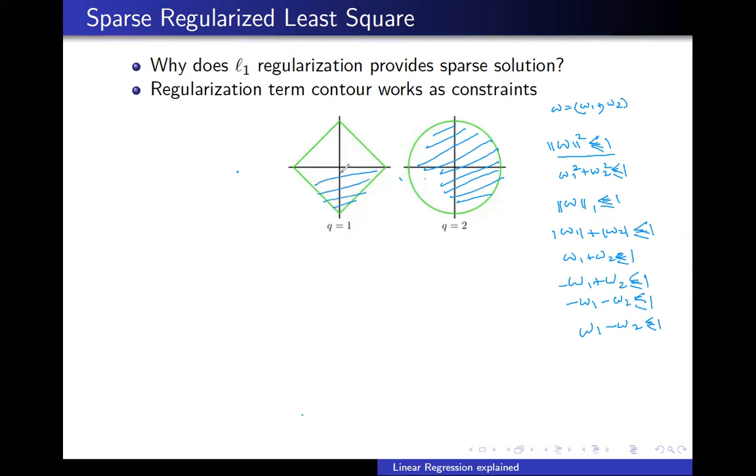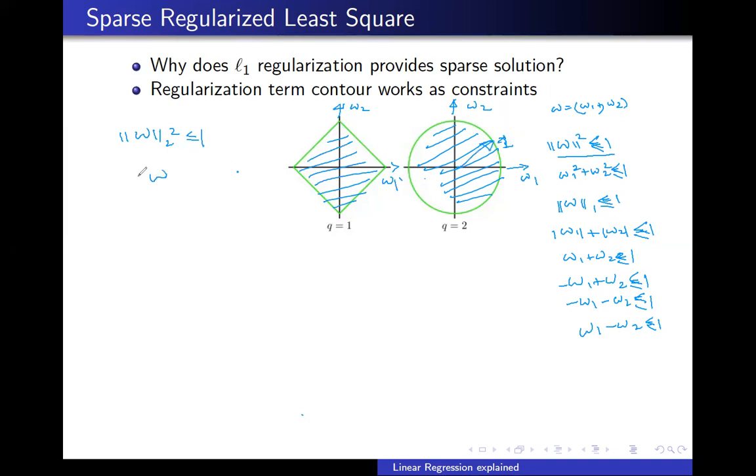The solution, this constraint, will say that, and remember in this case, this is the W1 coordinate, and this is the W2 coordinate. Same as here, this is the W1 coordinate, and this is the W2 coordinate. So in the parameter space, by saying that your squared 2 norm is at most 1, you're saying that your W must be within this circle of radius 1.